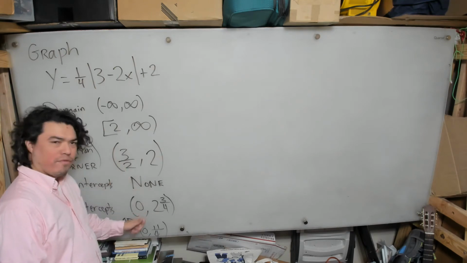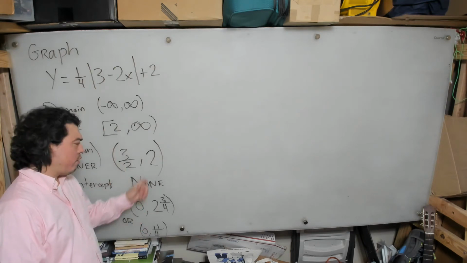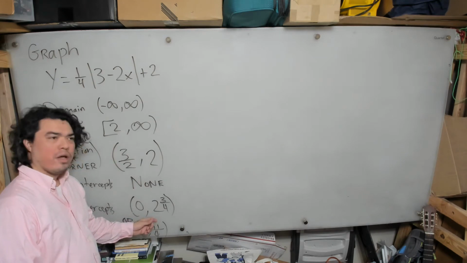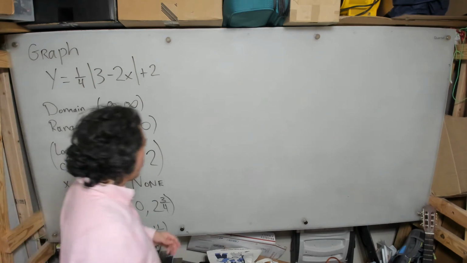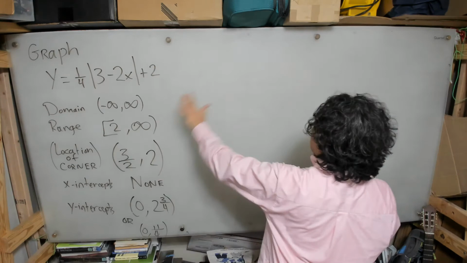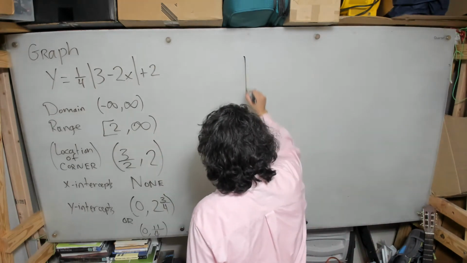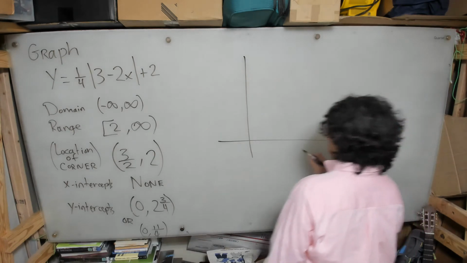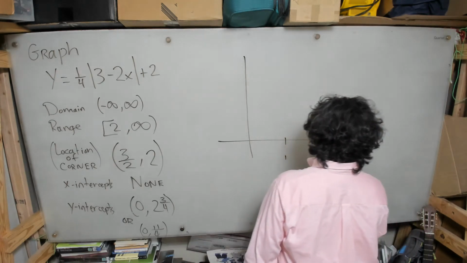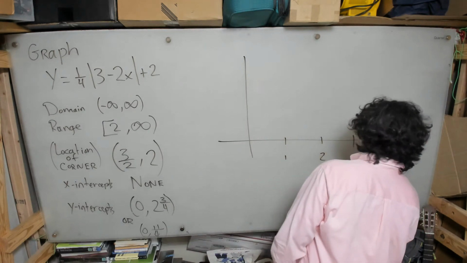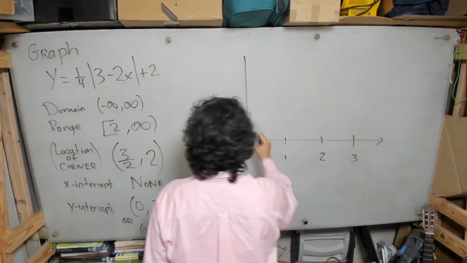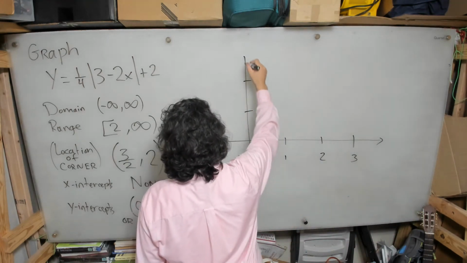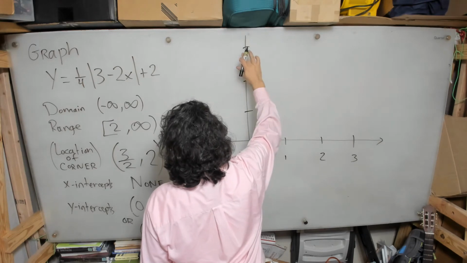And my y will have to go up until about 2 and 3/4 or so. And so I don't need to draw that much of the negative part. I just need to essentially draw a little bit of the x part. So let's say 1, 2, 3. And then the y part, let's say 1, 2, and let's say 3 here.